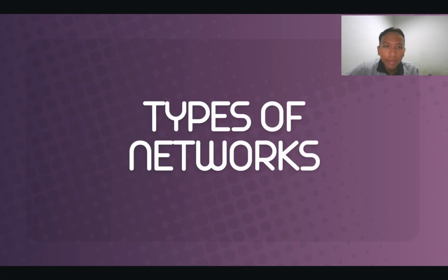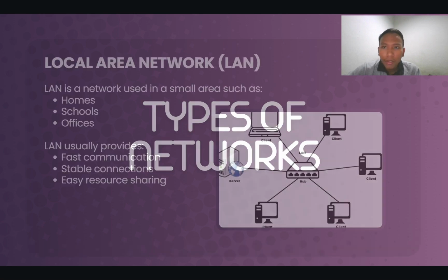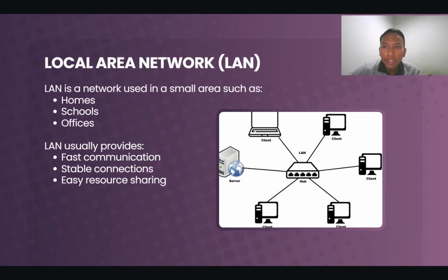The next one, we're going to talk about the types of networks. In this section, I will explain several types of computer networks based on their coverage area and scale. The first one is local area networks. LAN is used in a small area, such as home, school, office, or computer laboratory.